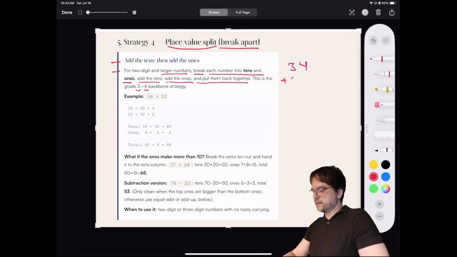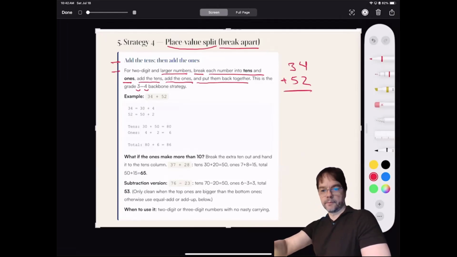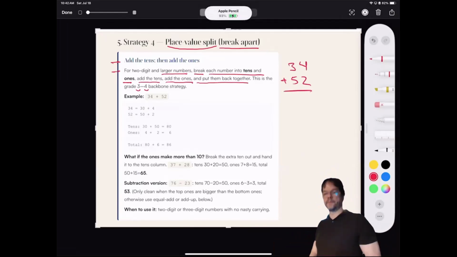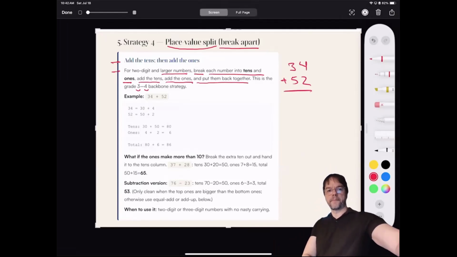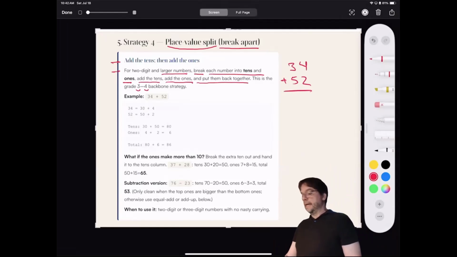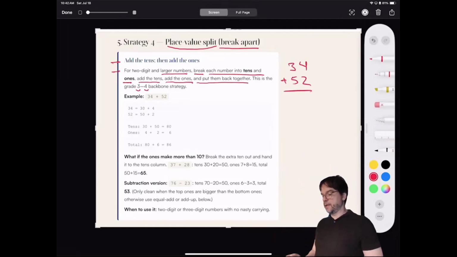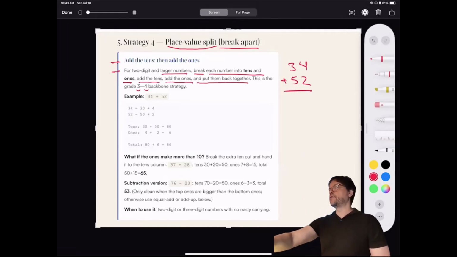34 plus 52. Please do it on your paper. 86. 86. Very good. You could have done this. Pay attention, because if you do this, you can do it in your mind. 34. Let's put 30.